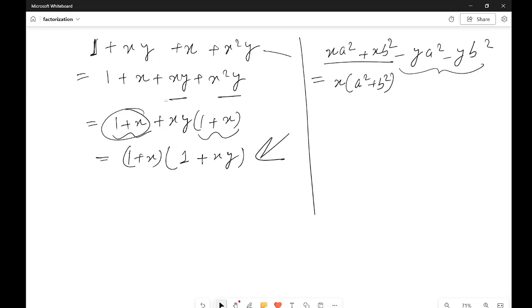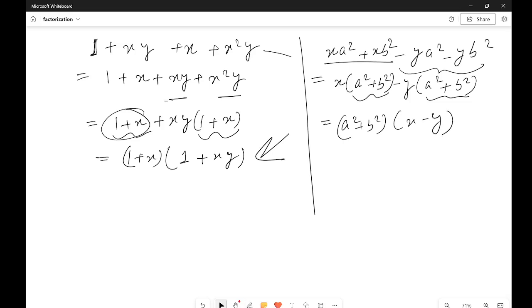Now from the second part I can take y, but I take minus y as a common, because if I take minus y, within the bracket it will be everything in plus. So I will take minus y, within the bracket I will have a square plus b square. Now I can take the entire expression as common, a square plus b square, another bracket x minus y.